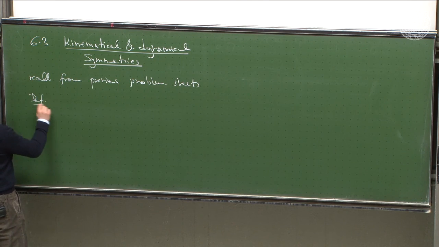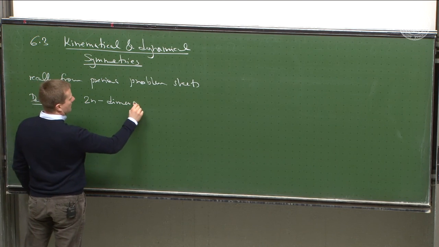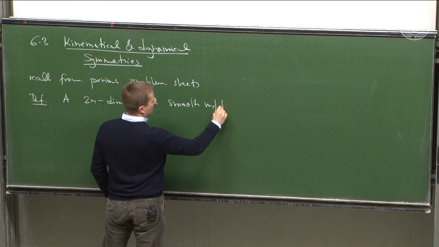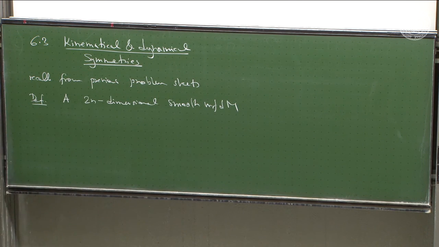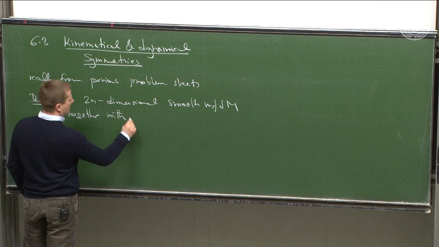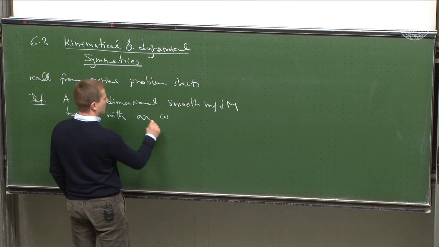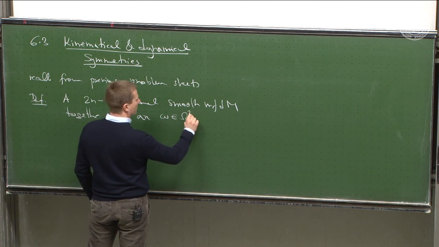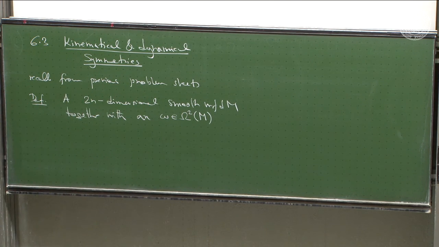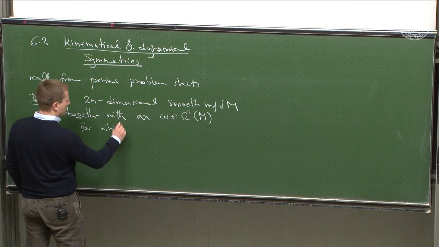So we have the definition that a 2n dimensional smooth manifold M, together with a two-form omega on this 2n dimensional smooth manifold, for which the following holds.